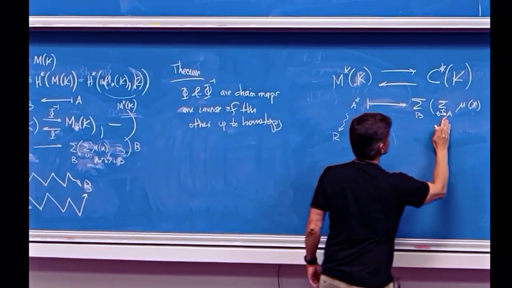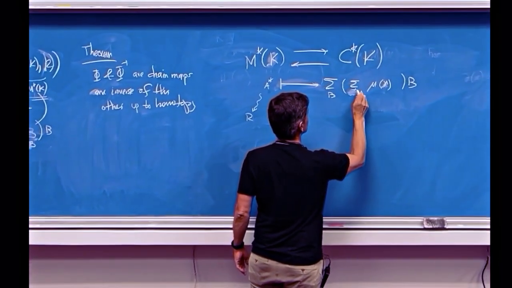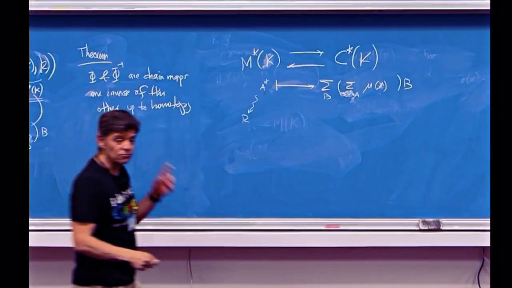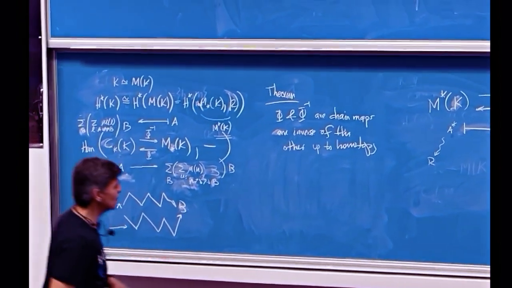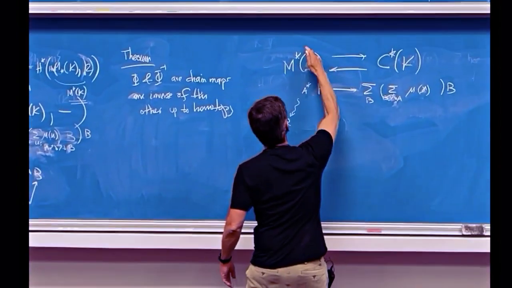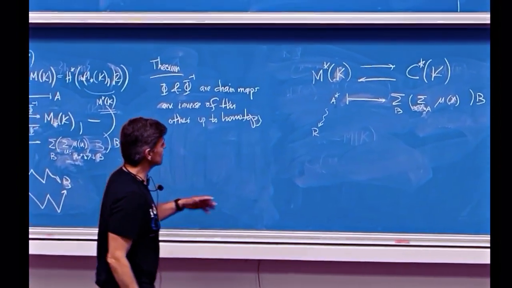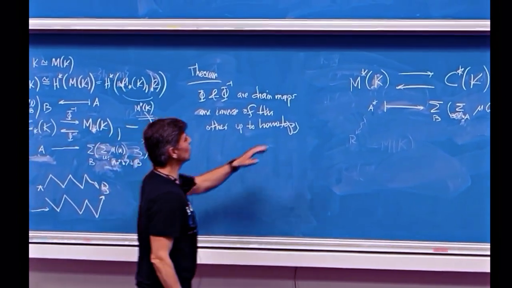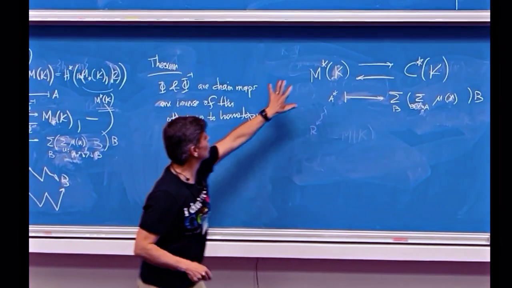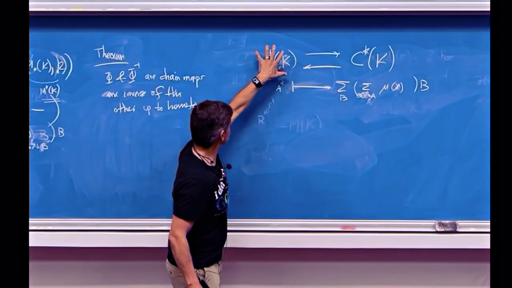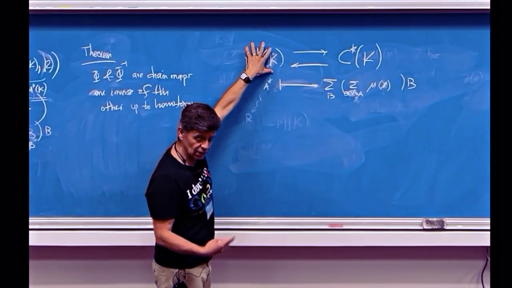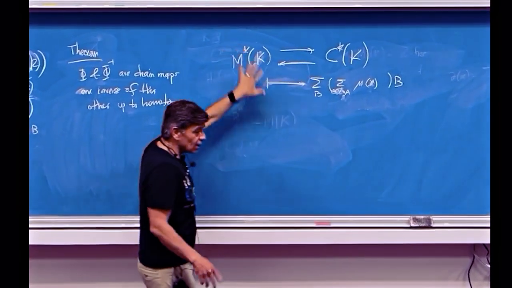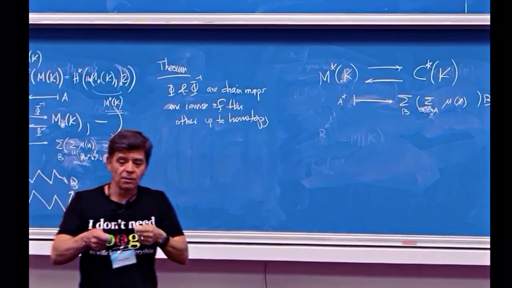So its path is the one that has to be this way, from B going into A. And there is a similar description for this thing. So what is the advantage of doing this additional step? Okay, now not only do I have an isomorphism of the cohomology of K seen in critical terms or seen in classical terms, I get down into an isomorphism at the level of chain complexes.